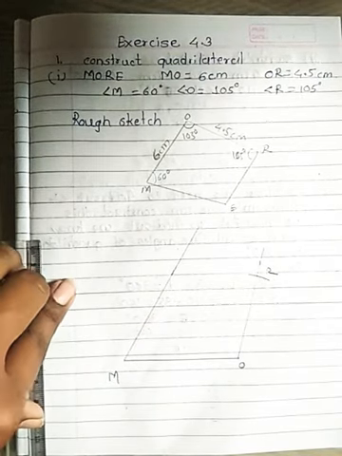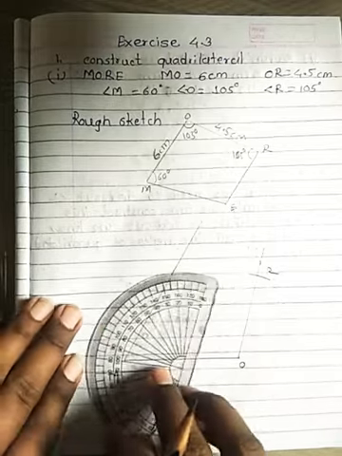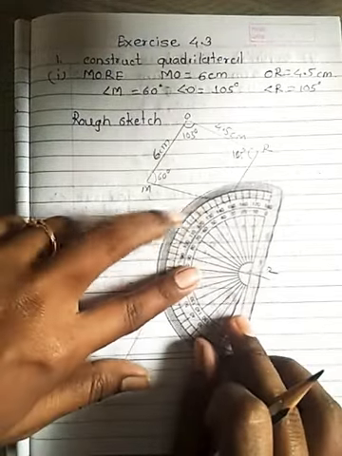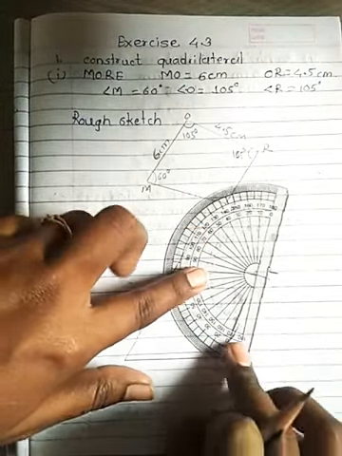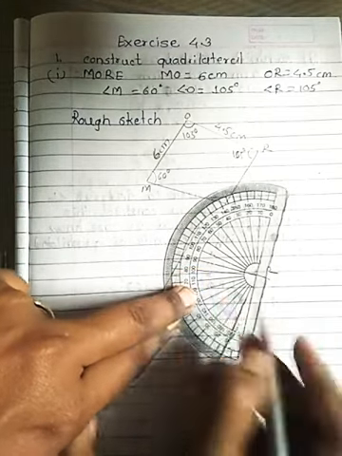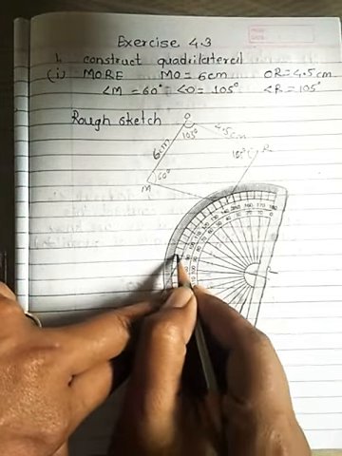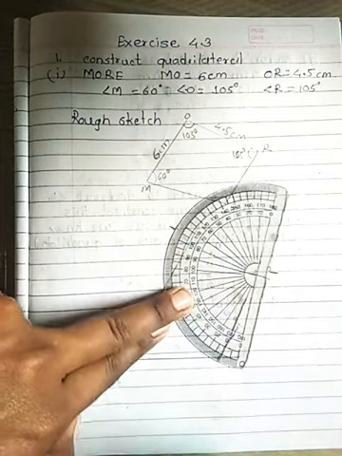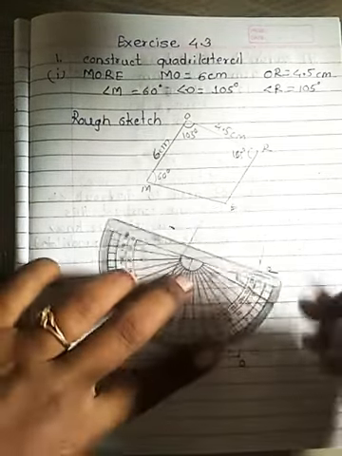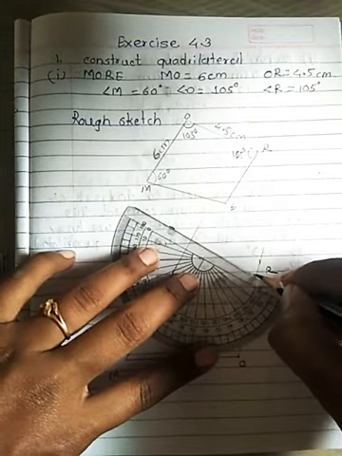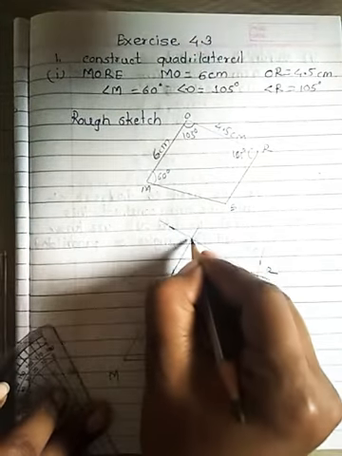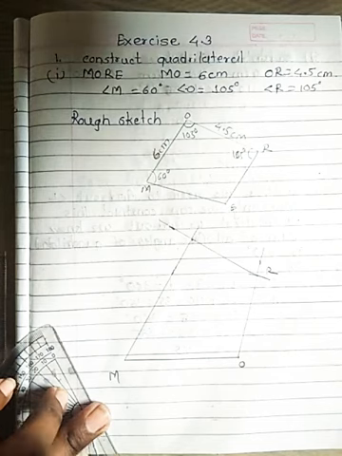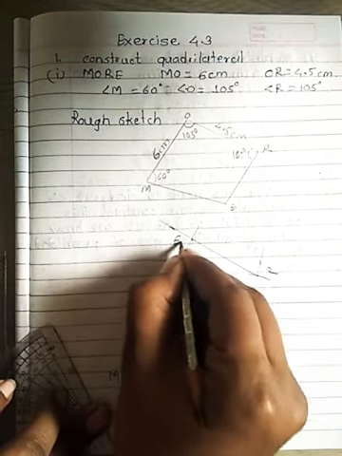Now from the point R, 105 is the angle. So keep the protractor on point R. 105. See, this one is 90, greater than 90. So 105 is here. Outer measurements. Join this. And somewhere here you got the point E.